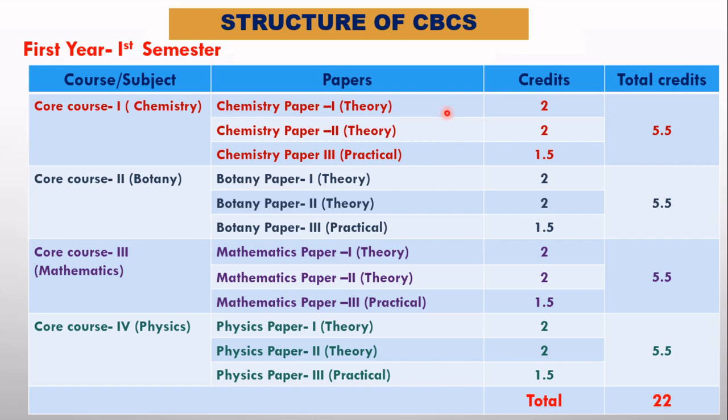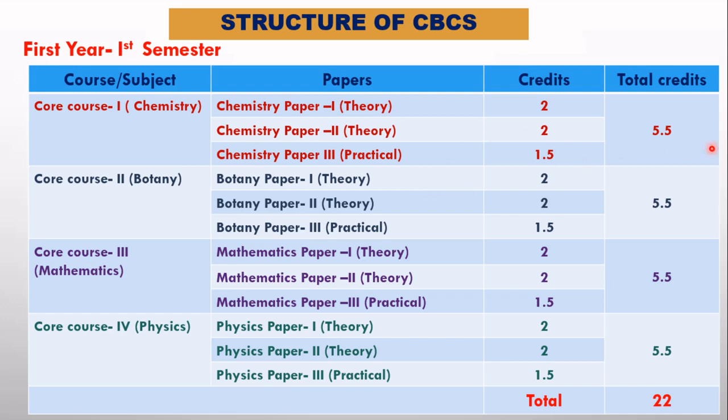So in this way, each course has 5.5 credits. Here you can see 2 for paper first, 2 for paper second, it becomes 4, and 1.5 for the practical paper. So 5.5. This is applicable to all the rest of the subjects. Means it is applicable to chemistry, botany, mathematics, physics. So you can see in each of the four subjects there will be two theory papers and one practical paper. Each theory paper of 2 credits and practical paper of 1.5 credits.